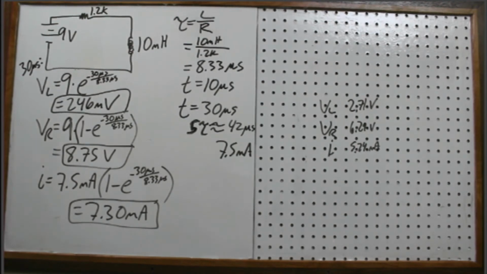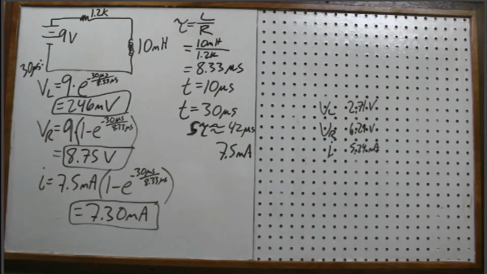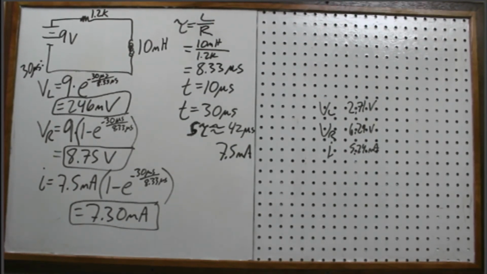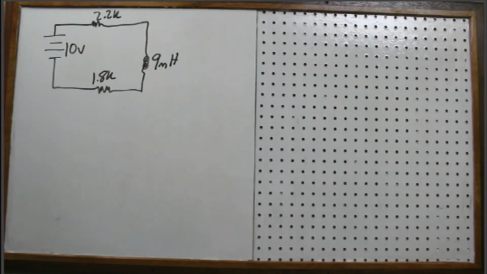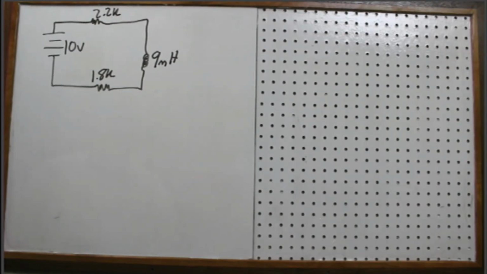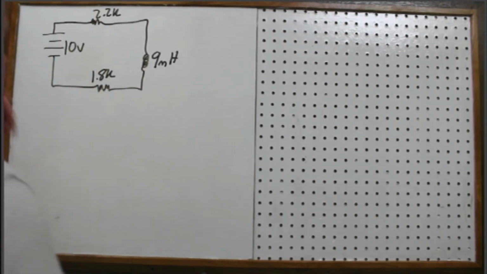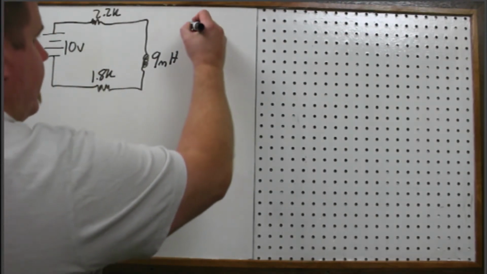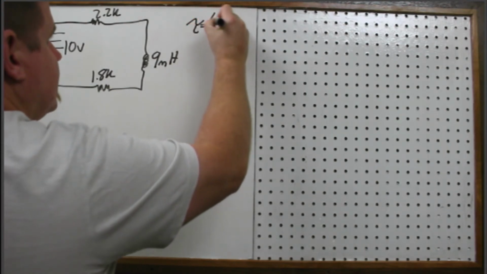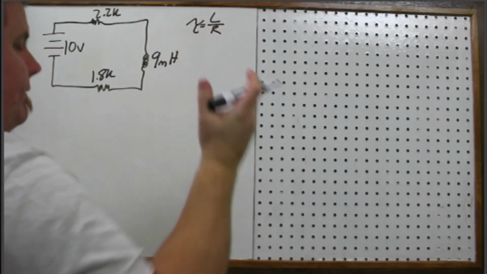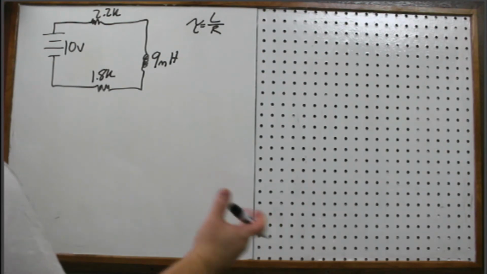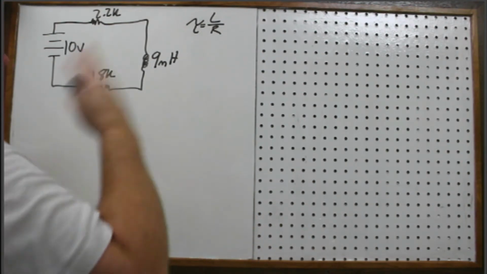Okay, so let's ratchet it up a little bit and add some more components. In this case we've got 2 resistors and 1 inductor. So let's see how that changes things. Really, the first thing that's going to change is tau, because this is L over R. If you've got more than one inductor or more than one resistor, you have to find the total of each.